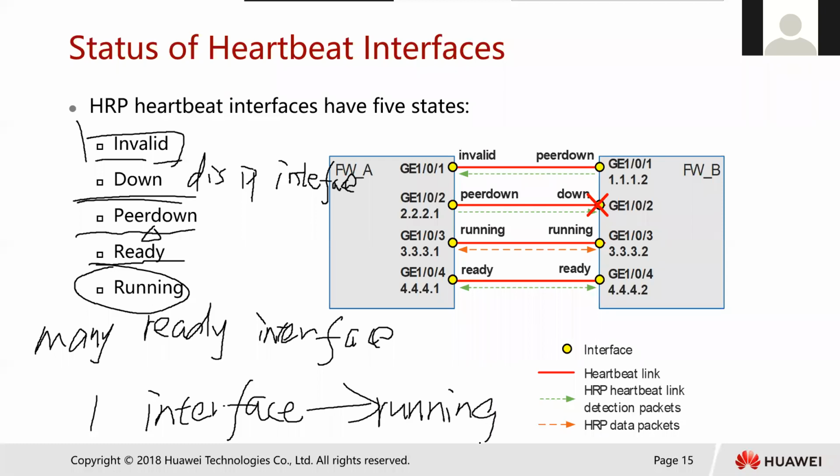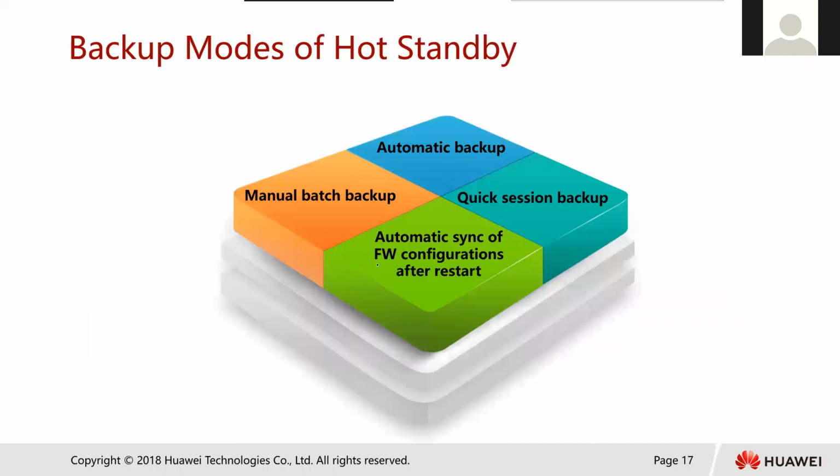If we only have one interface on the firewall as the heartbeat interface, the ready interface is the running one. But if we have many ready interfaces on one firewall, we only choose one interface to become running, and the other interfaces stay ready. So this is the difference between ready and running. Remember, only one interface in the firewall will be running.